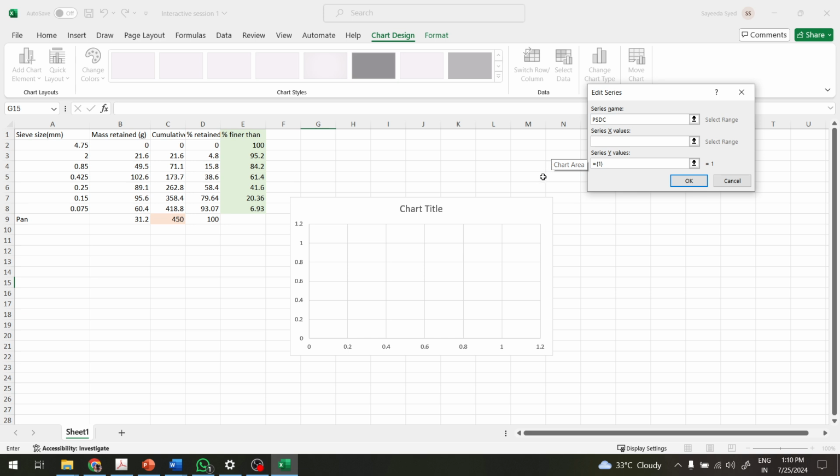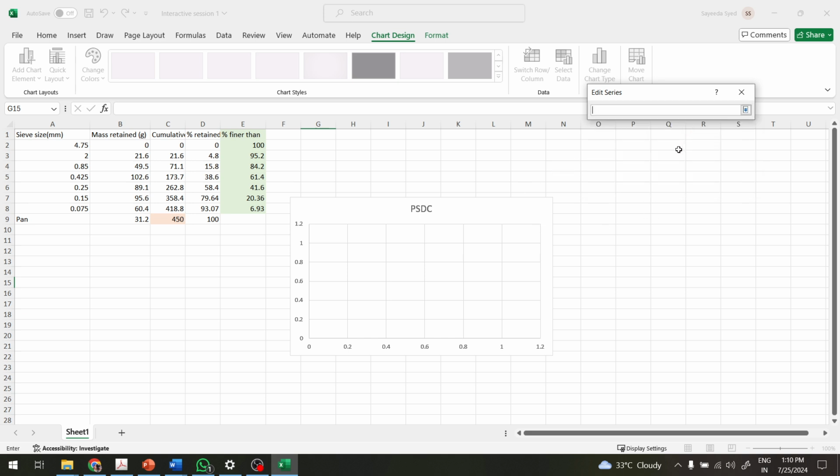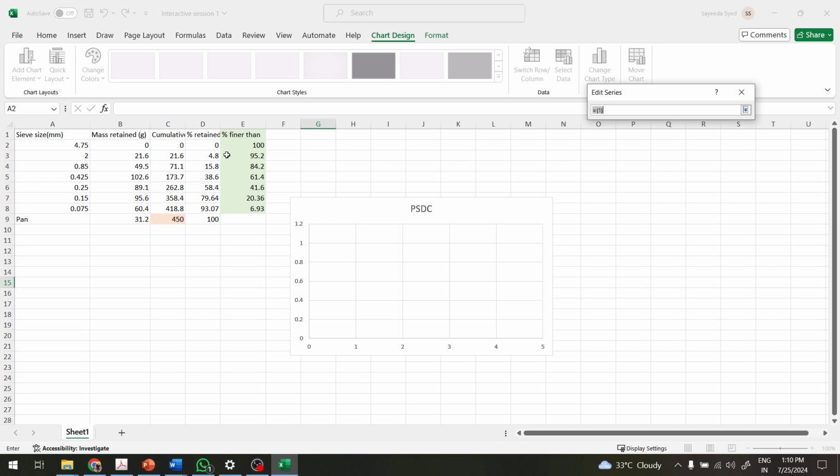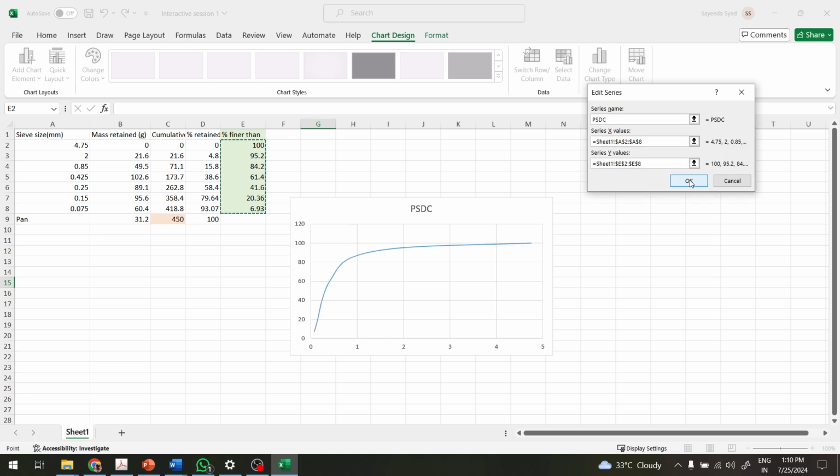Particle size distribution curve. X value is the diameter in mm. Remember, this has to be a log scale. I will change it in a moment. And the y value is the percentage finer. Okay.